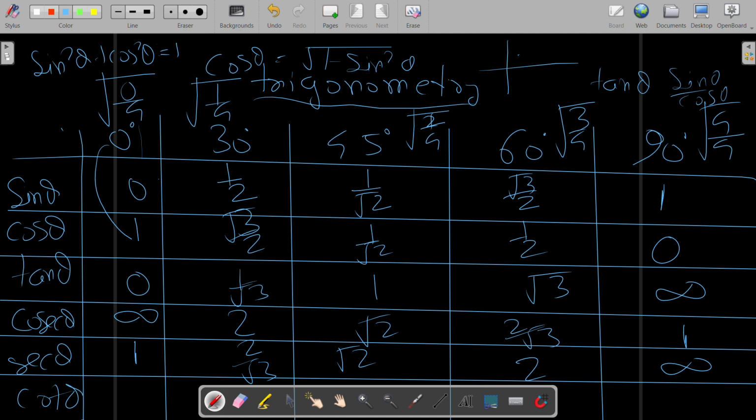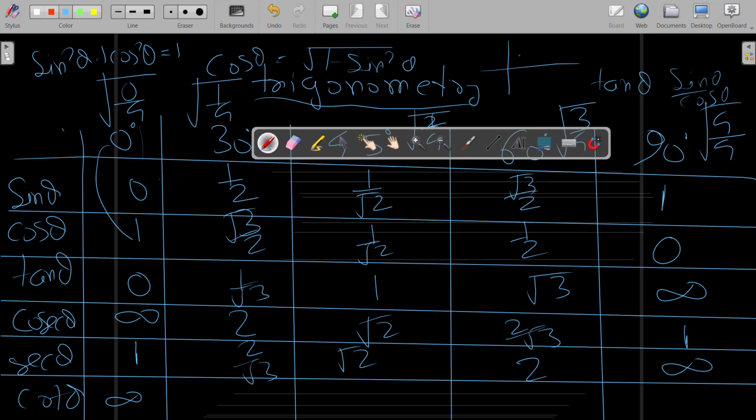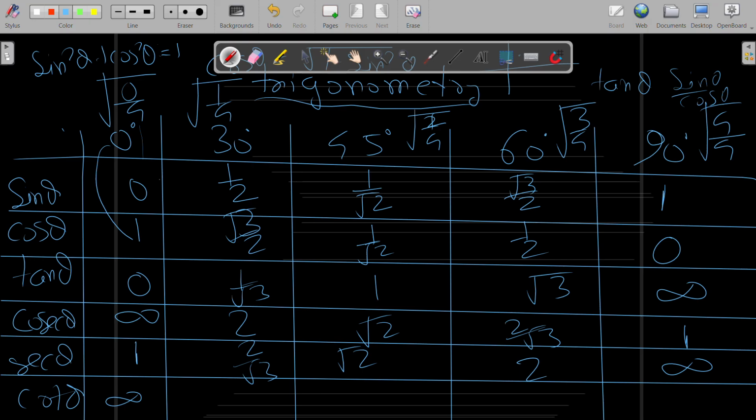This is again, cot theta is the reciprocal of tan theta, so this will become infinity. Root 3, 1, 1 by root 3, 0.